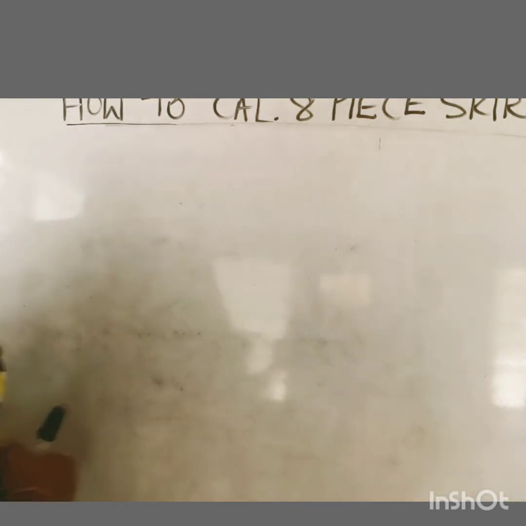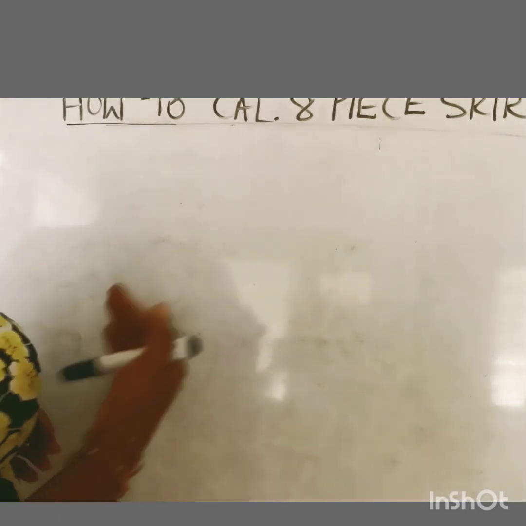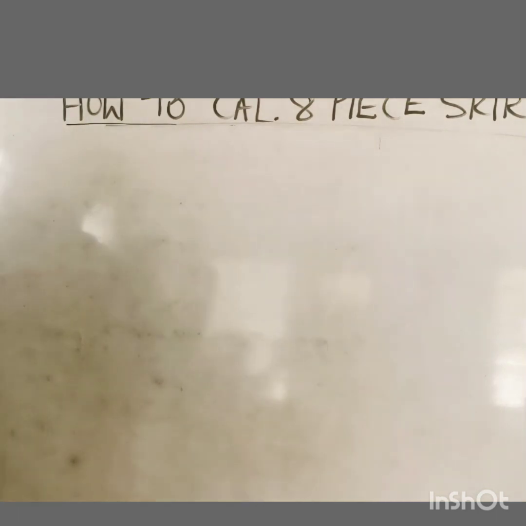So if you decide to cut all the panels the same, you will discover that the back piece may be a bit tight, while the front will be free. So in order not to have any issue at the back because of the butts, you can create an allowance for that. Just like when you are making a pant, you add an extra 2 inches allowance to the back piece.